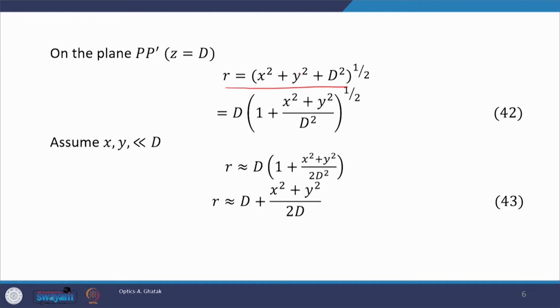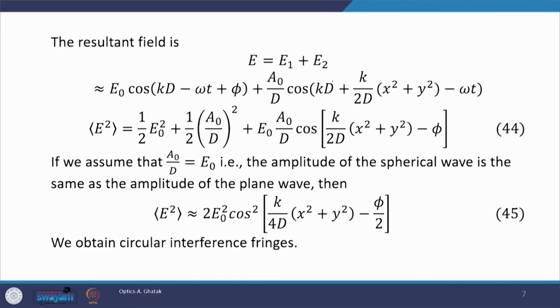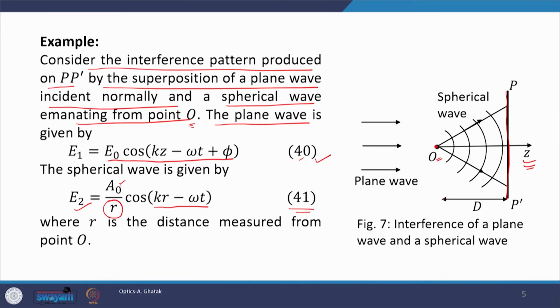What is d then? d is the distance between the point source O and the screen, as shown here in figure number 7. Once d is known, it means the value of z where our screen is kept is d.